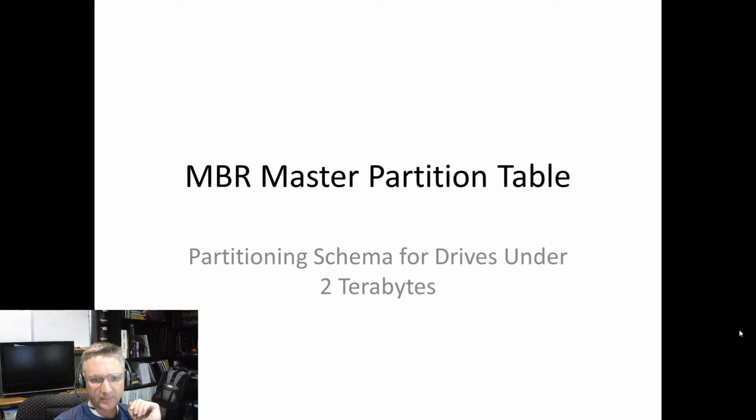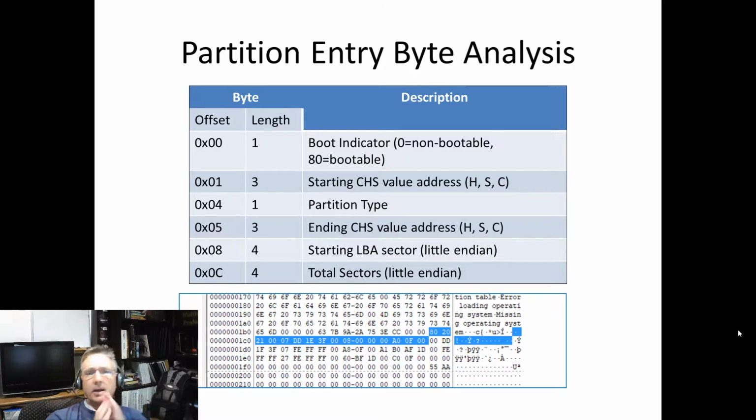I'm going to show you a slide and then I'll show you some real life on the desktop in the background. What we're looking at up here is a snapshot of my master partition table on my OS drive. What I have highlighted up there is the first entry in the master partition table, and I'll show you more about that in a second.